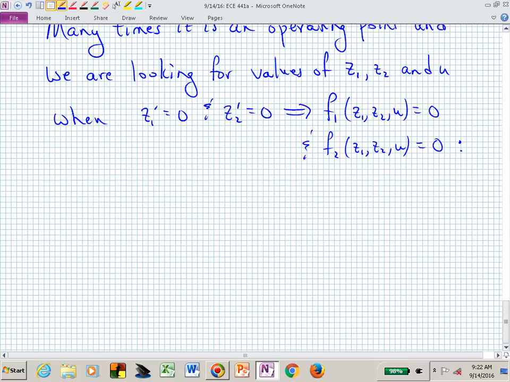In this particular case, what did we have? We had our F sub 1 of Z1, Z sub 2, and U equal to 0. Or it was actually equal to Z sub 2.